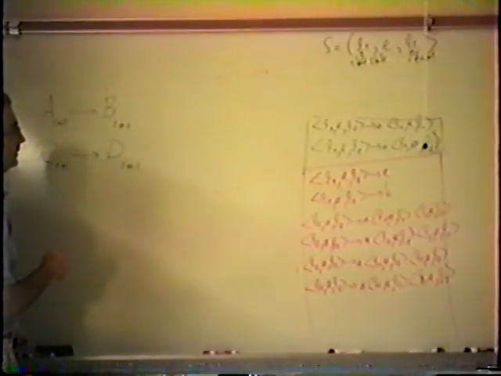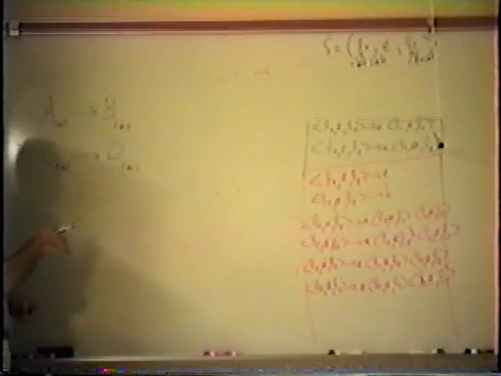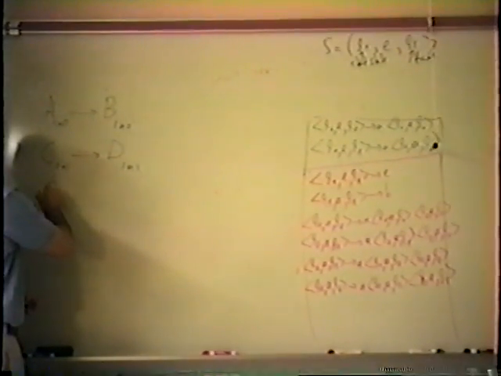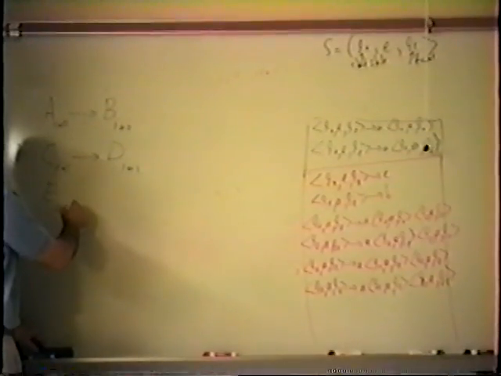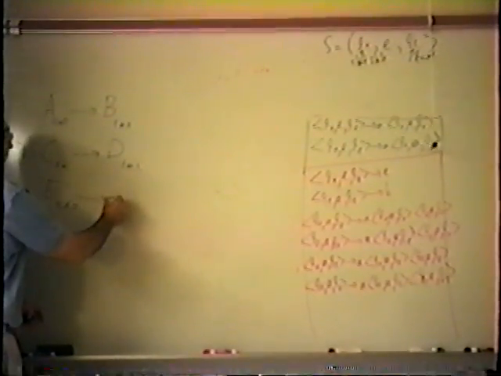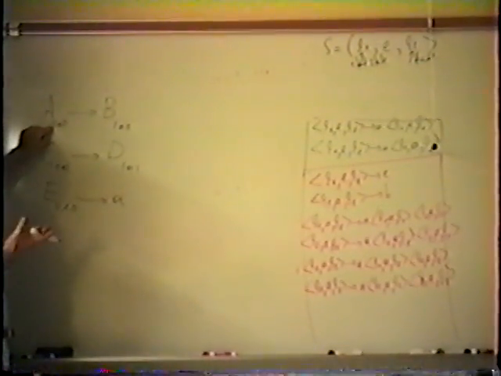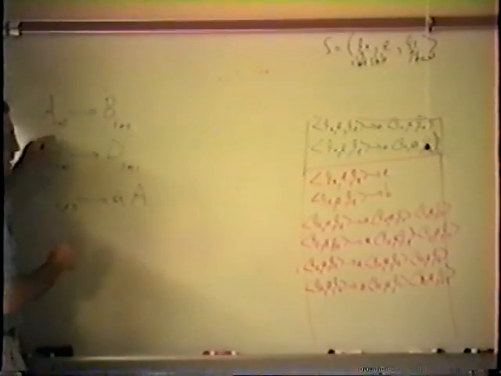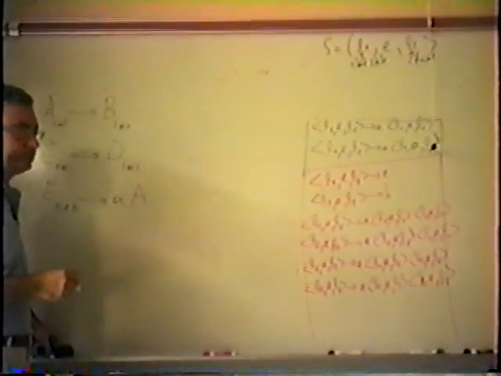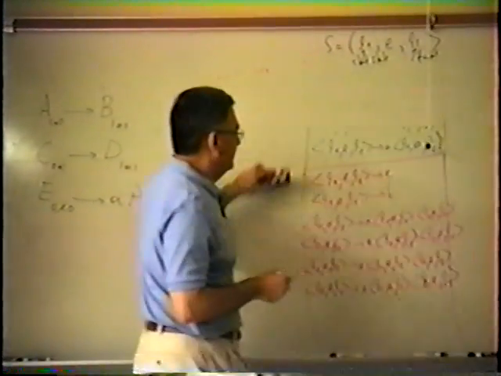0E0. I have not used that yet, so let's call that E. Goes to A. 0A0, I already used it, I called it A. Okay, 0E1.